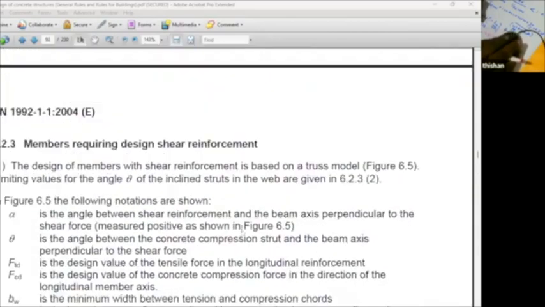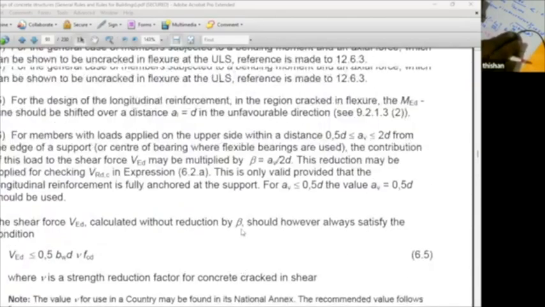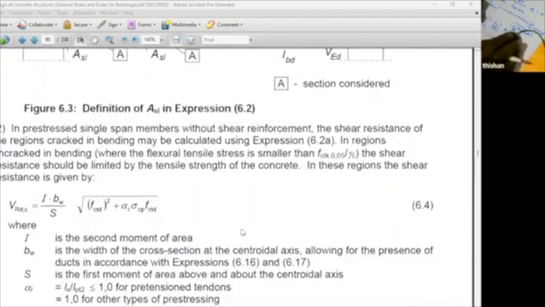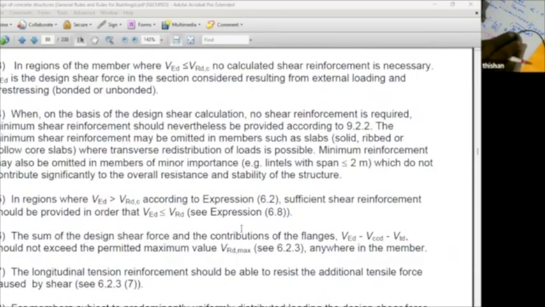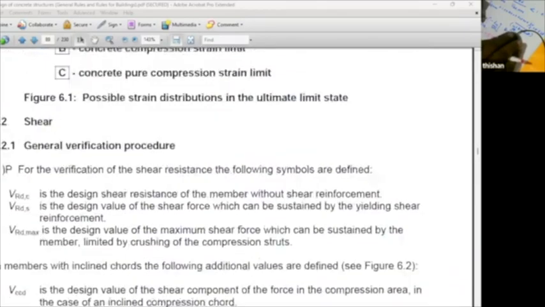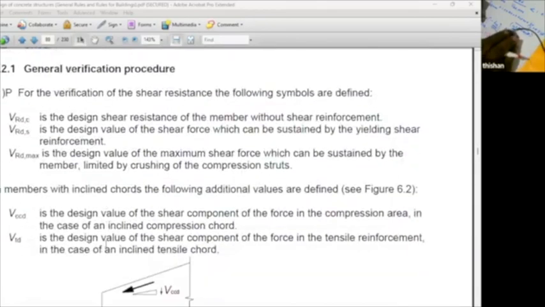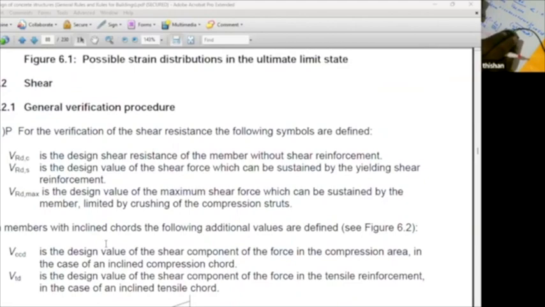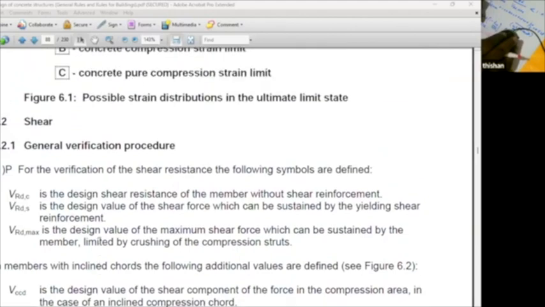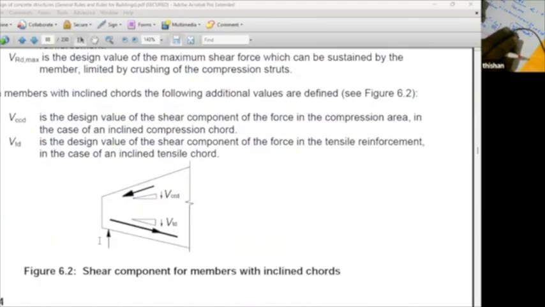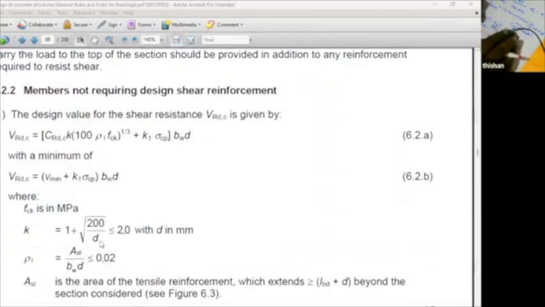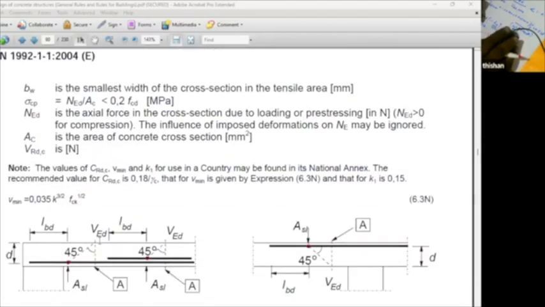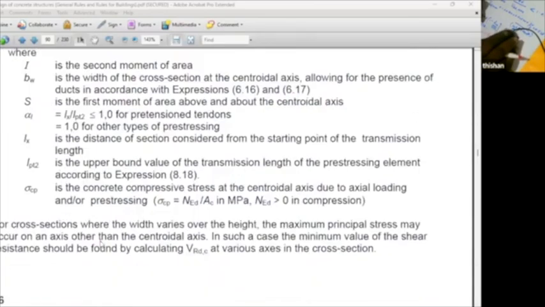If you look at the definition, VED is the design shear force.